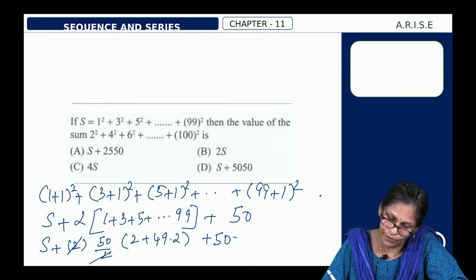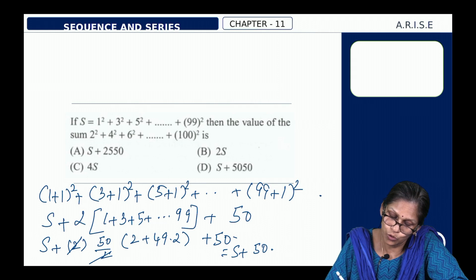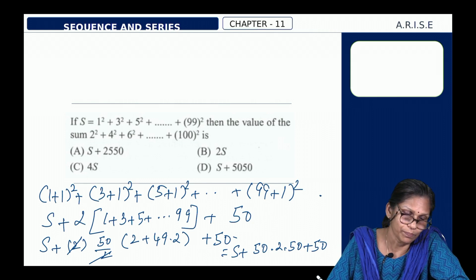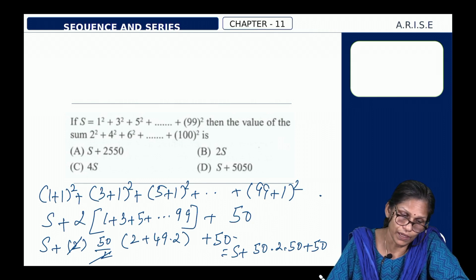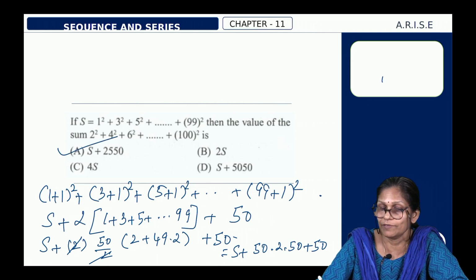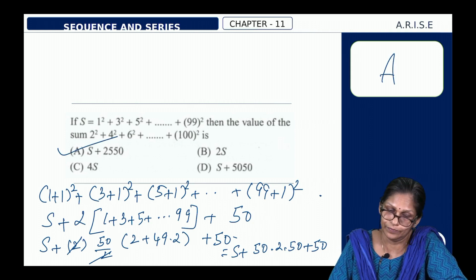So, if I simplify, this is S plus 50 into 2, if you take out, you have another 50, plus this 50. So, if you simplify, your answer would be S plus 2550. Option A is your answer.